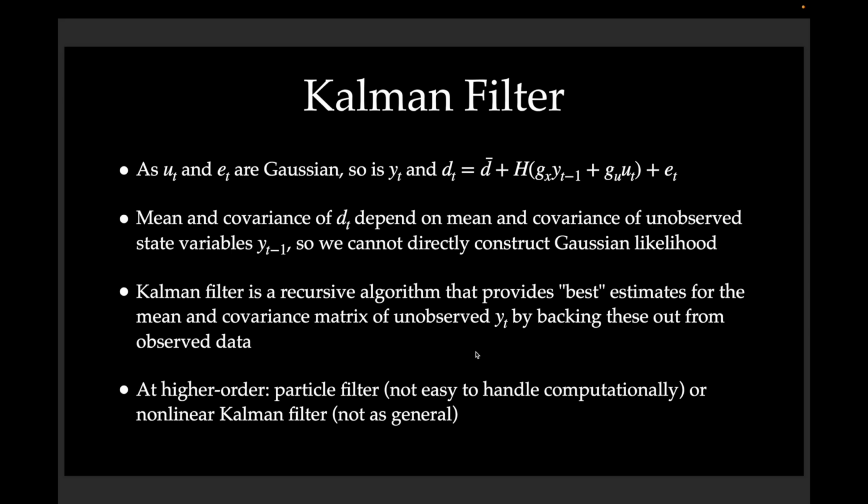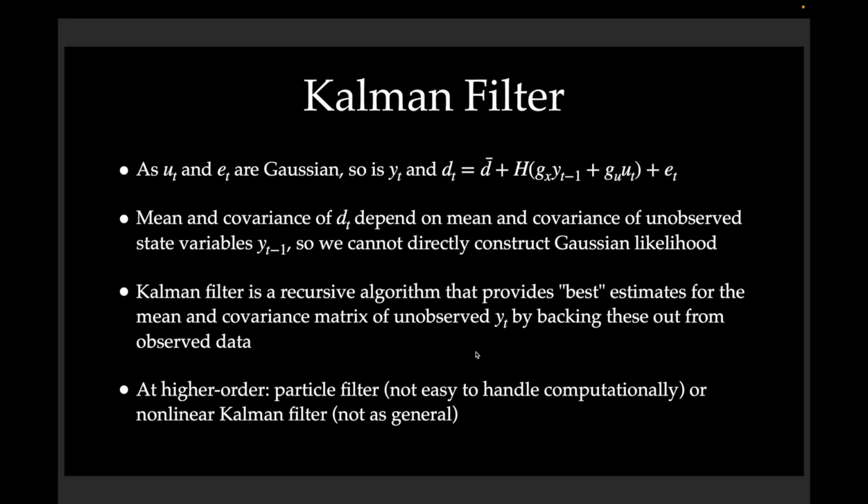And the tool that is most capable to do this is the so-called Kalman filter, and this makes use of the assumptions of a linear system with everything being normally distributed. The problem that the Kalman filter solves is that when we want to compute the likelihood of our data, the mean and the covariance depend on unobserved state variables y_{t-1}.